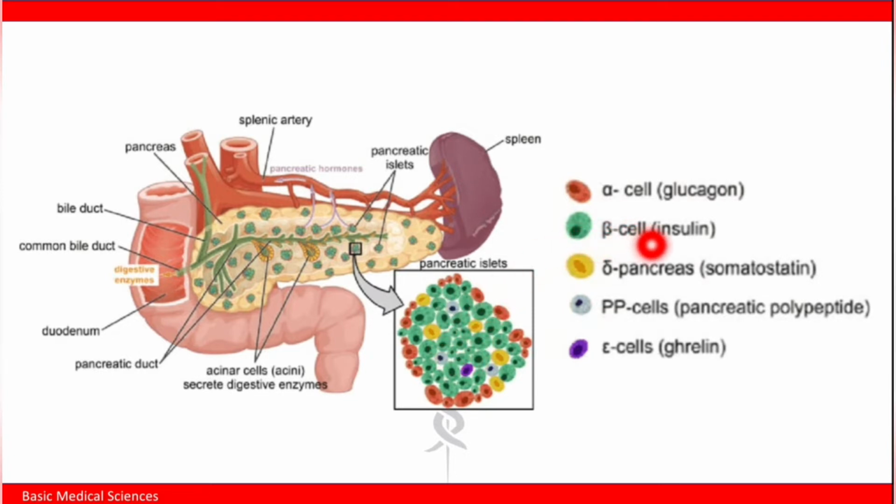They're actually beta cells. They synthesize insulin. Then there are delta cells in yellow. They synthesize somatostatin, and the PP cells make pancreatic polypeptide, and the epsilon cells make ghrelin.